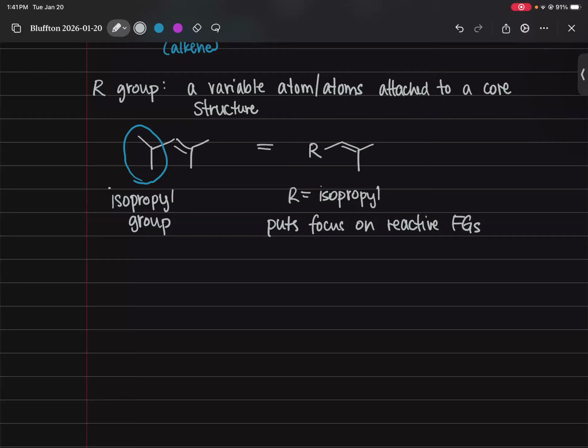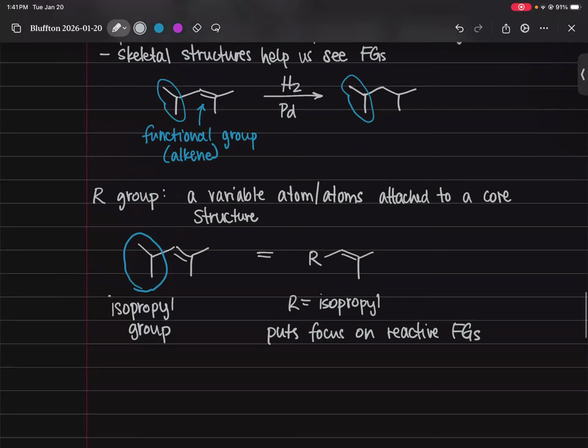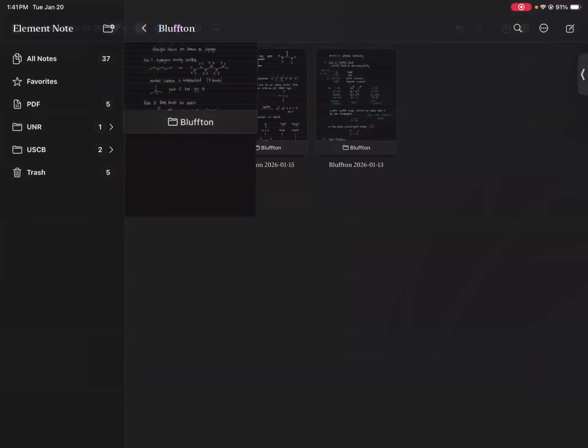If you're curious, R stands for radical. That's where the R comes from. Okay. So if you go on Blackboard, which I would recommend you do if you have your phone, go ahead and do that because we're going to use this information in a moment.